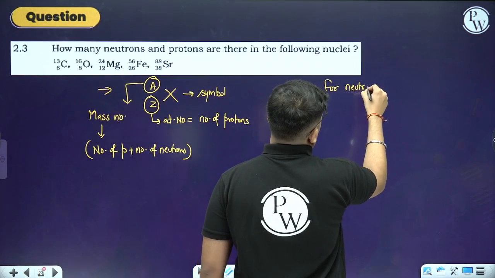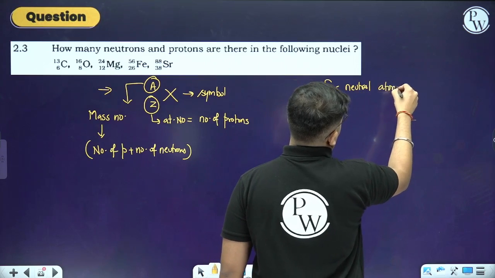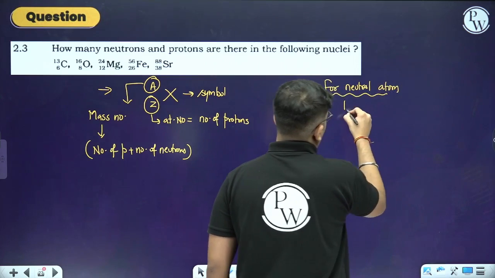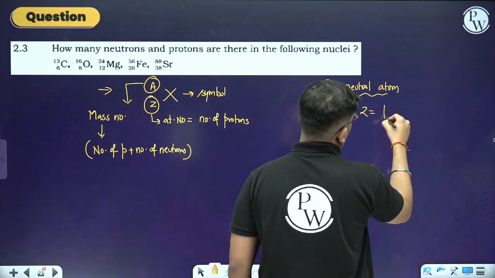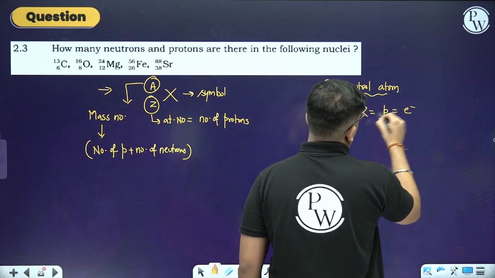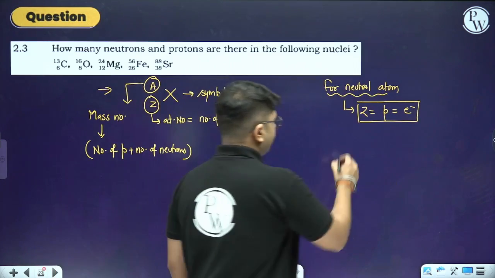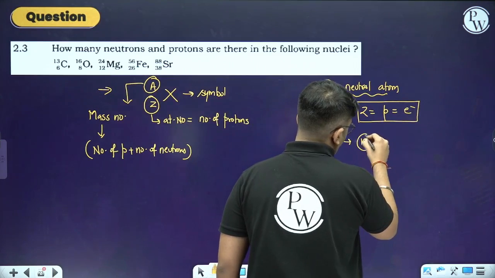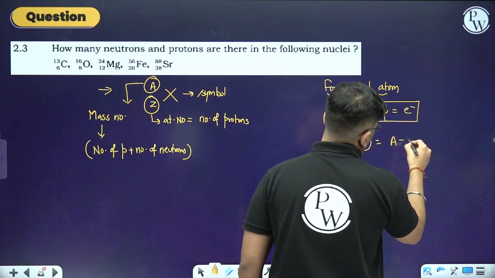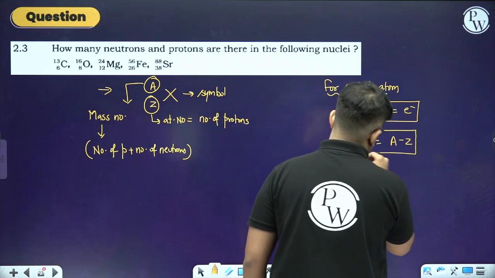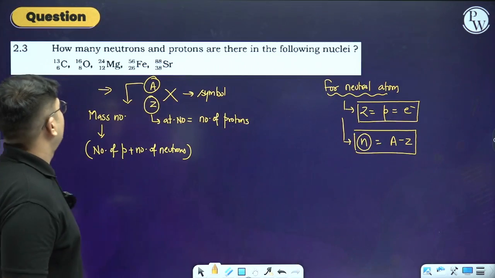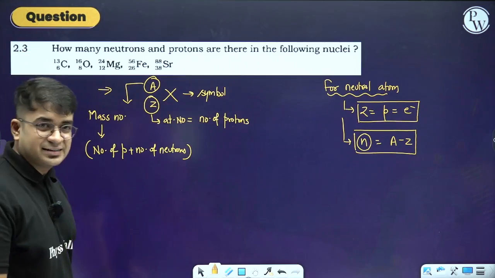Okay, so always remember, for a neutral atom, we know that the Z value is equal to the number of protons, which is equal to the number of electrons. And the number of neutrons is A minus Z. That's it. Okay, so the first part is 13C6.